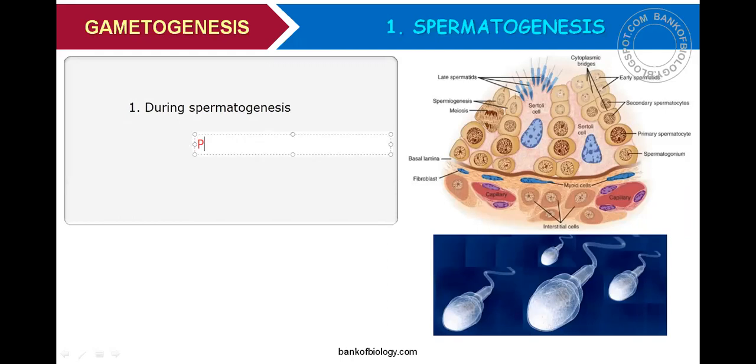During spermatogenesis, primary spermatocyte undergo meiosis 1. Secondary spermatocytes undergo meiosis 2.